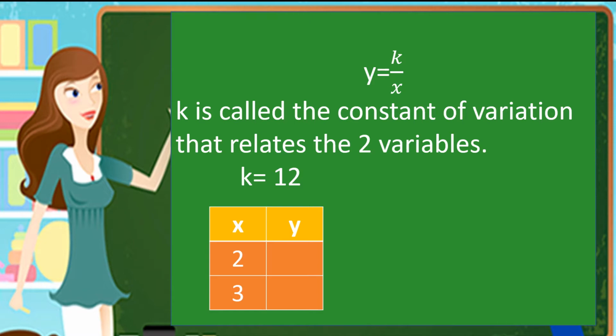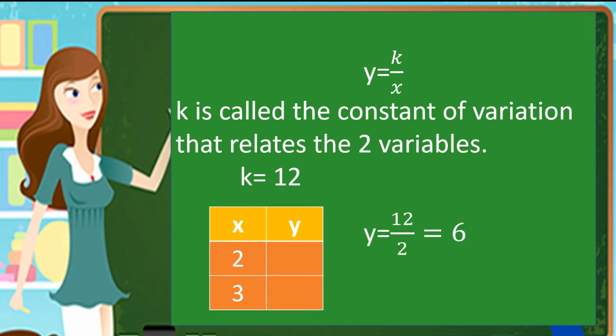Given this table of values, let us have k equal to 12, and the values of x are 2 and 3. Using this equation, y is equal to k over x, and the value of k is 12, let us substitute the values of x to find the value of y.